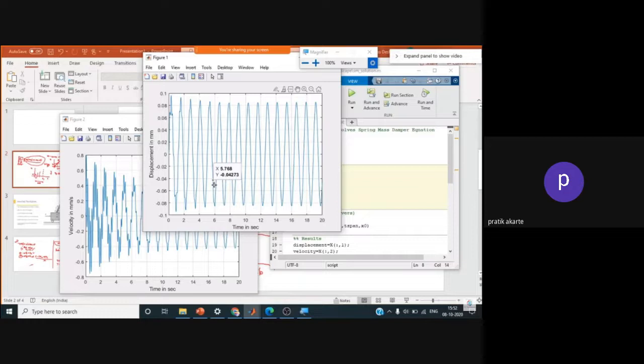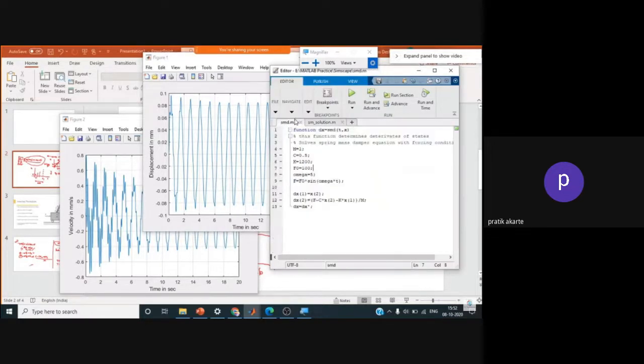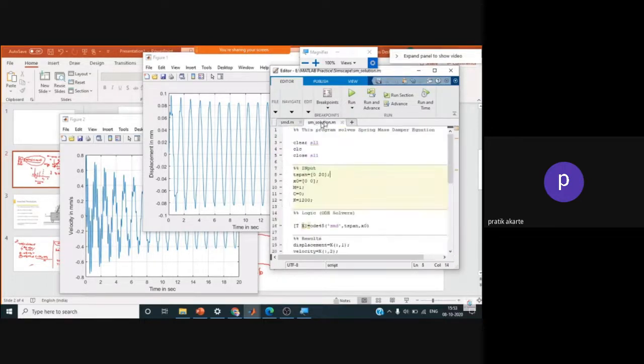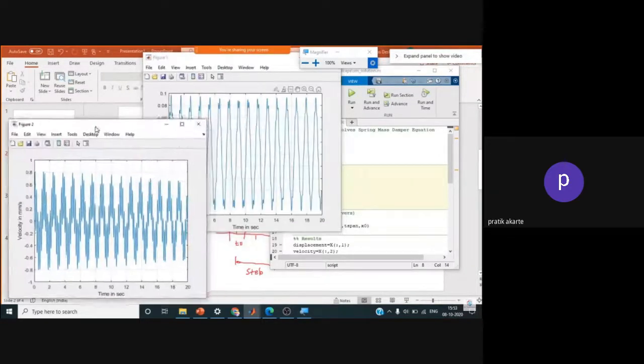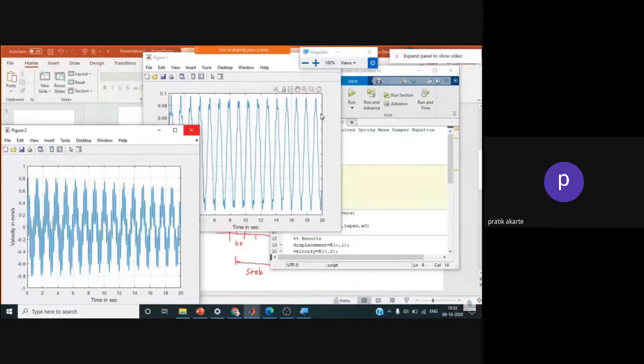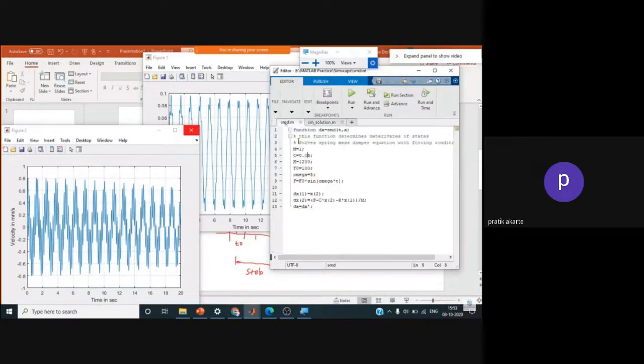To damp out this natural frequency you need a damper. If I provide lesser damping, it will take too much time to die out. Even after 20 seconds, you can observe there are still some oscillations.